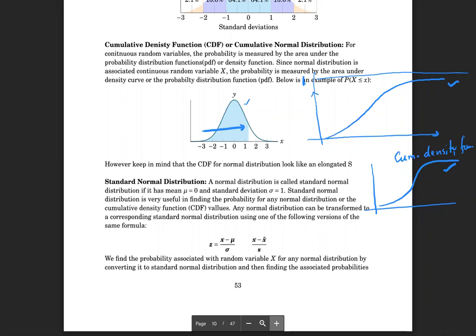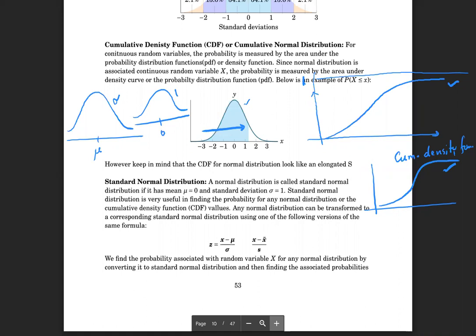Now, the next topic is this. If you have one normal distribution with a mean of mu and standard deviation of sigma, you can go from this arbitrary normal distribution to a standard normal distribution that has a mean of 0 and standard deviation of 1.